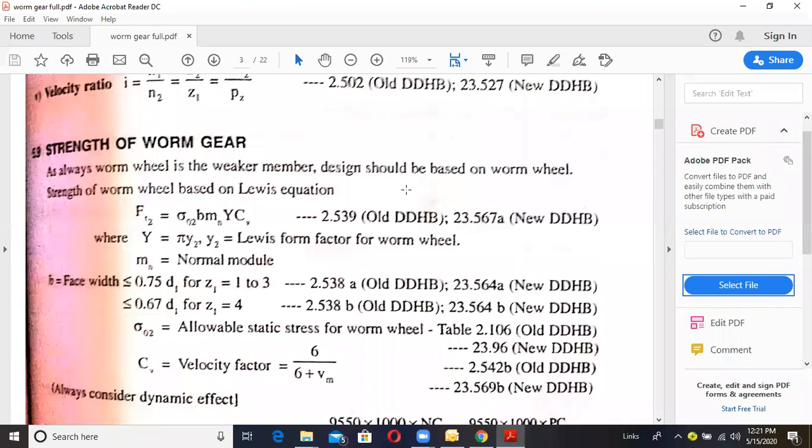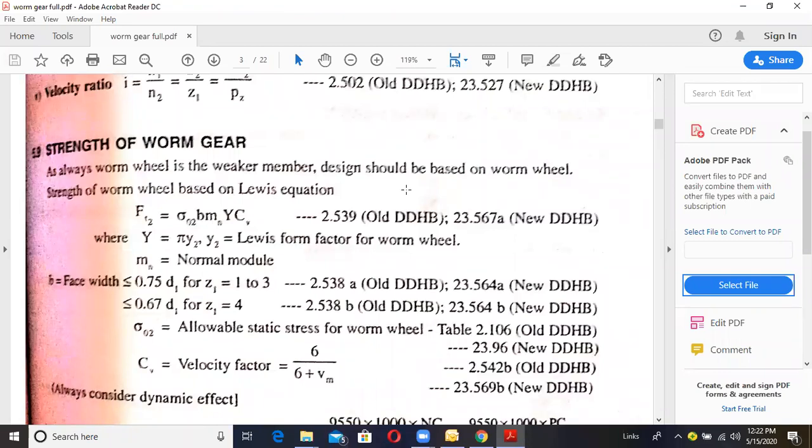Why are you not designing for the pinion? Don't know, sir.